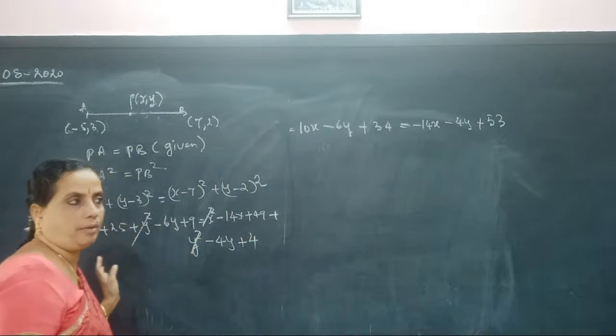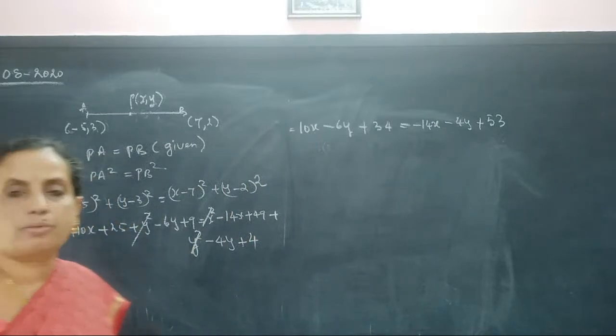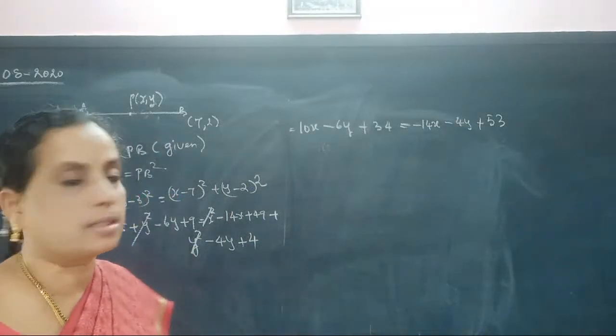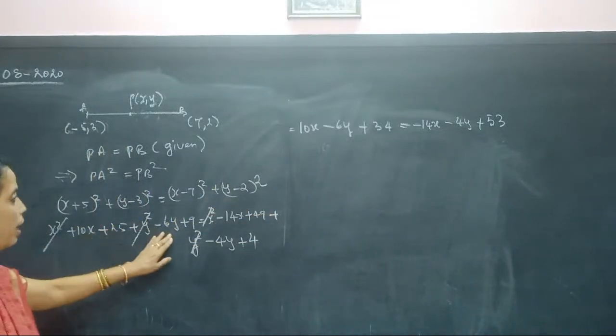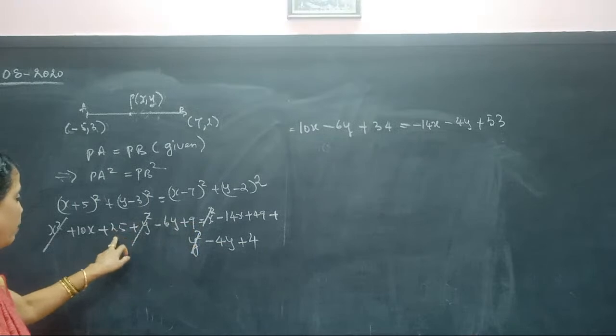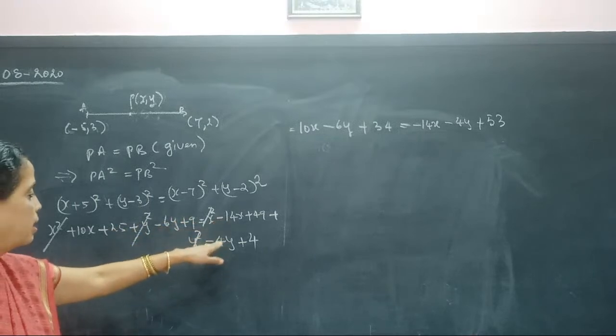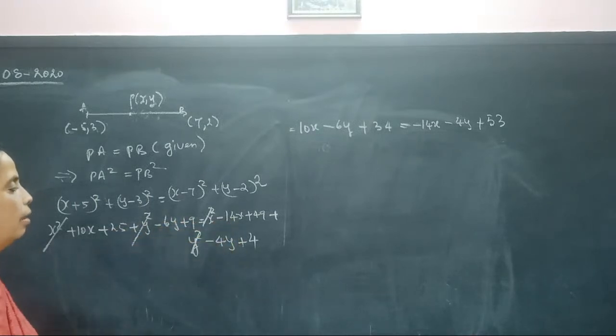After cancelling x square, y square from LHS and RHS, the leftover values are x, y and the number 25 plus 9, and x, y and the number 49 plus 4.